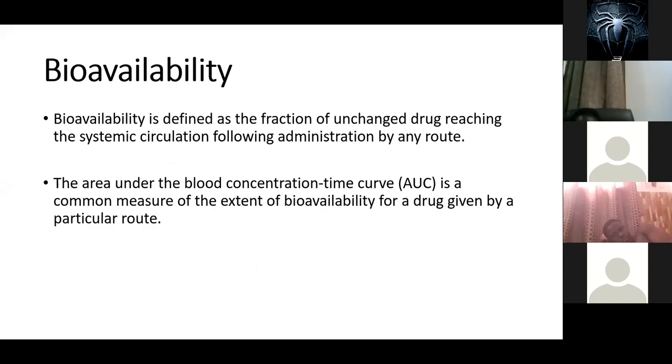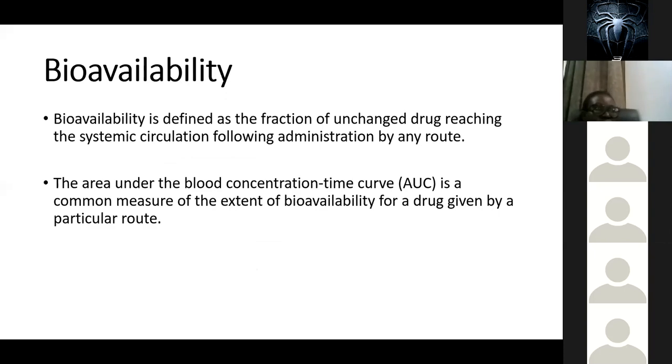Then we have bioavailability. We say, for example, that the amount of iron in breast milk is low compared to the amount of iron in formula. However, the iron available in breast milk is highly bioavailable. So what does bioavailability mean?